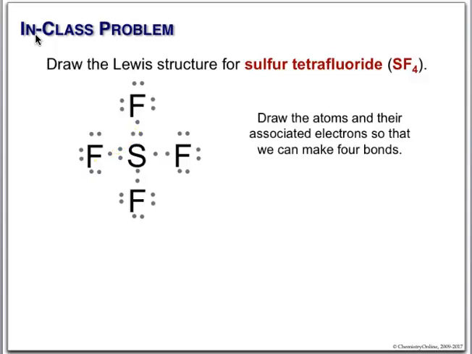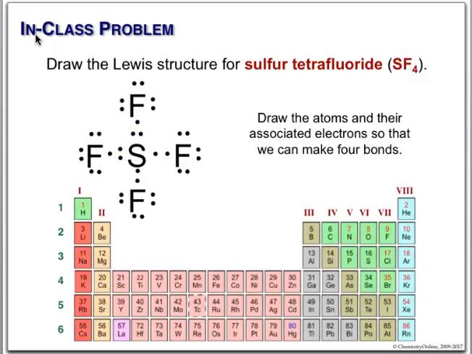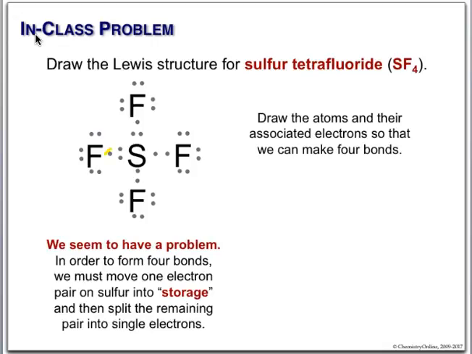This is all the electrons. Here we go. Sulfur has 6. Every fluorine has 7. So that's what we're starting with. In order to make our bonds, we have to somehow get rid of 2 of these just for a minute, so we can make nice, happy bonds between everybody.